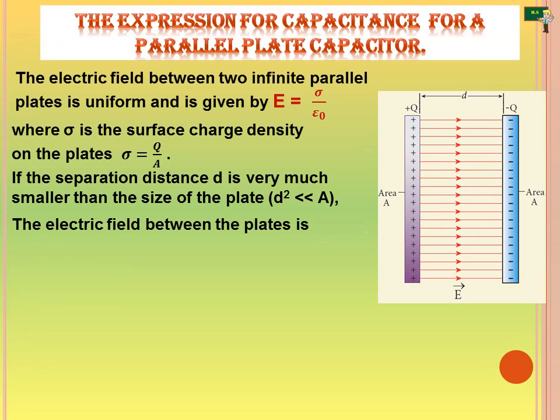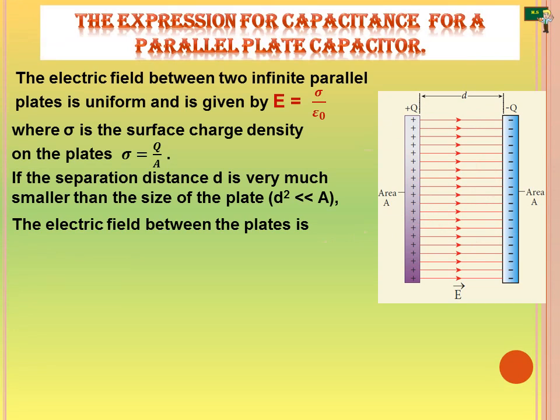Now, the electric field between the finite parallel plates is E equal to sigma by epsilon naught, where sigma is the surface charge density on the plates and sigma is equal to Q by A, that means the charge divided by the cross-sectional area.